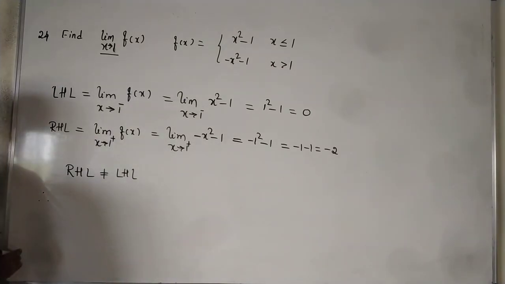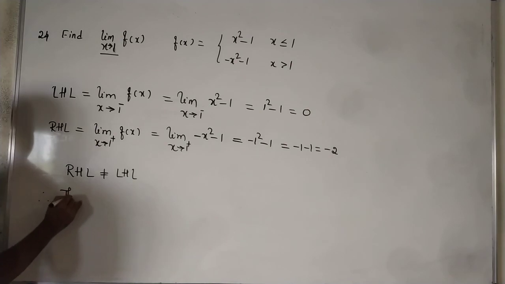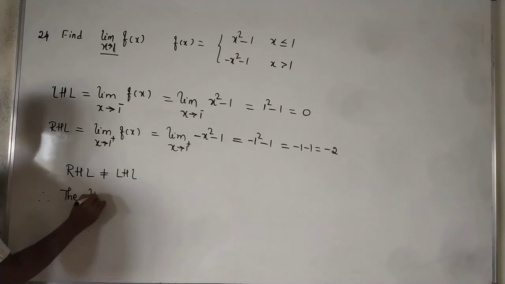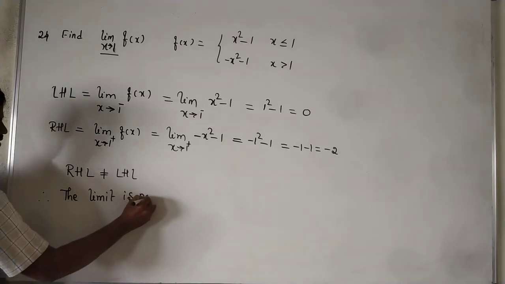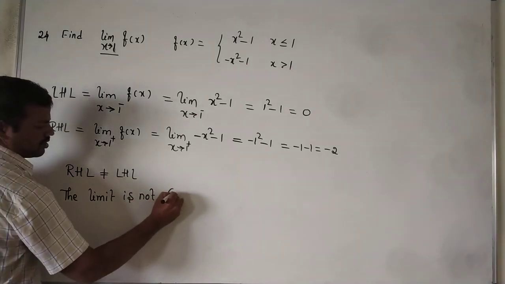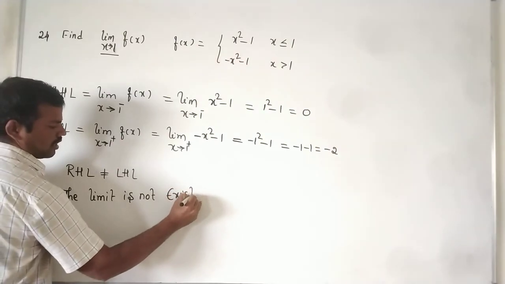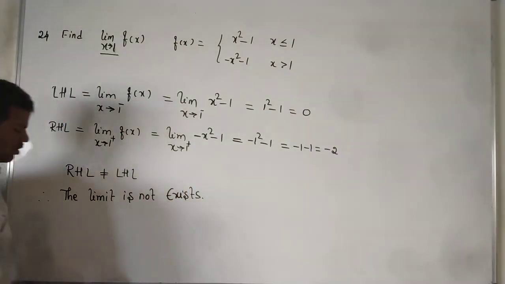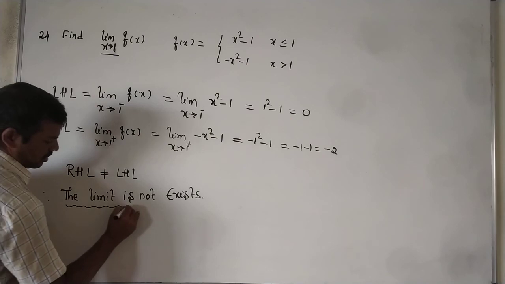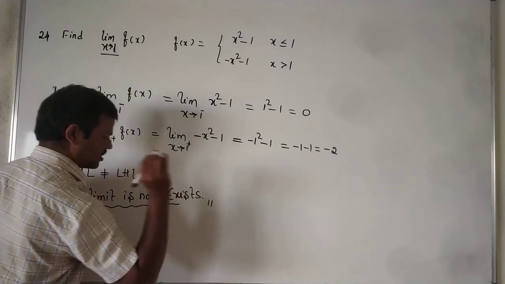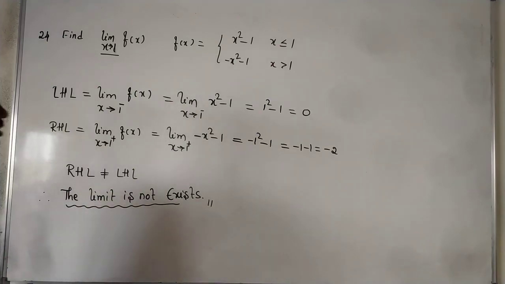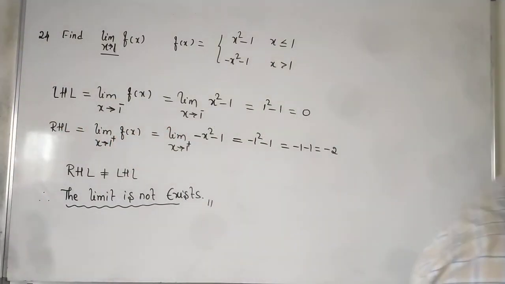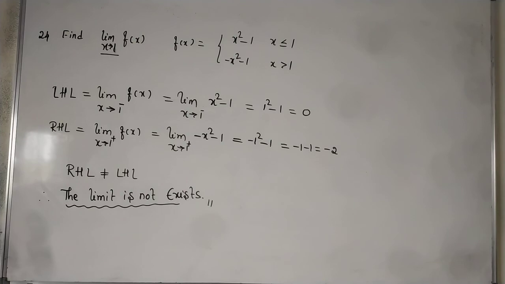Therefore, the limit does not exist. This completes the problem. If the limit does not exist, it has no value. So the problem is completed. Next we see in the next class.